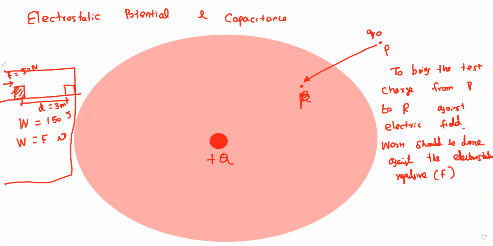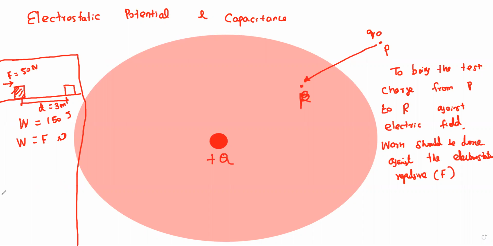Now in some cases, let me assume one scenario. Say for example, there is a car that just stayed on the road.